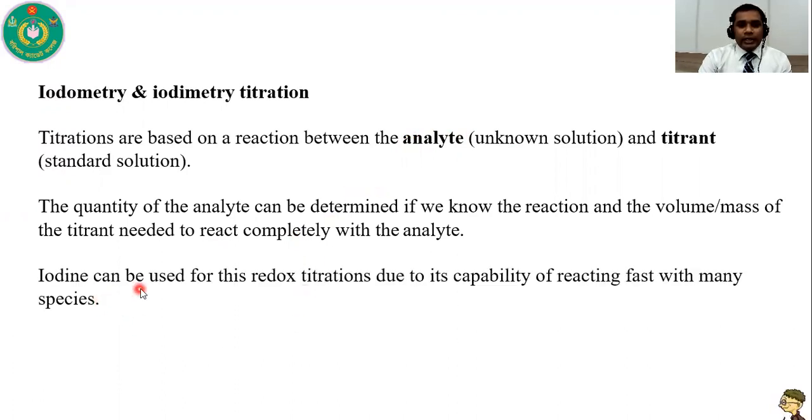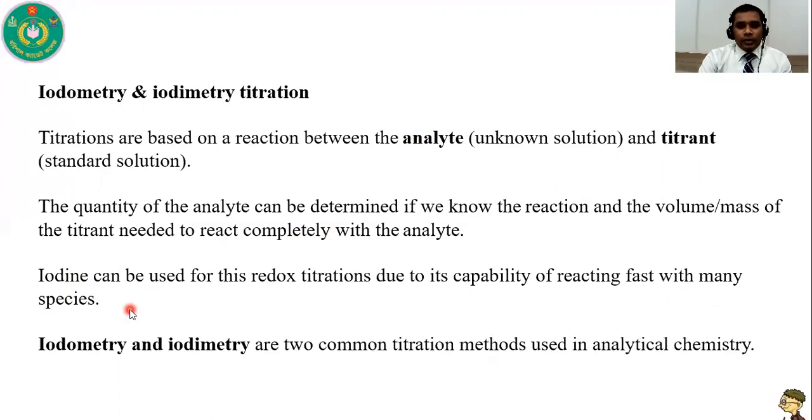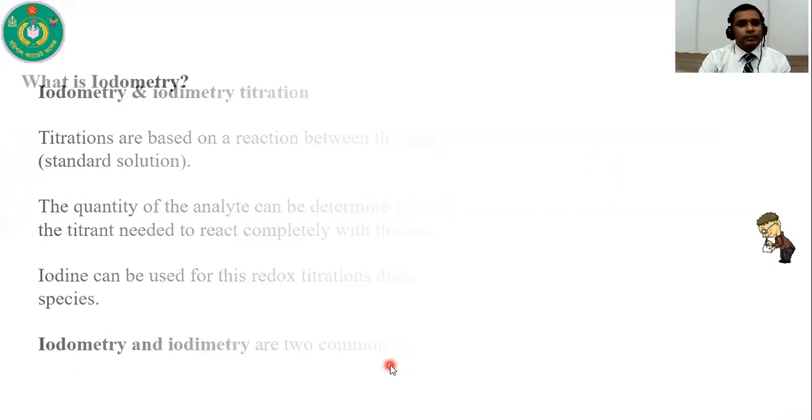And iodine can be used for this redox reaction titration, as it has the capacity of reacting fast with many species. That's why iodine is used in redox titration. So iodometry and iodimetry are two common titration methods used in analytical chemistry.